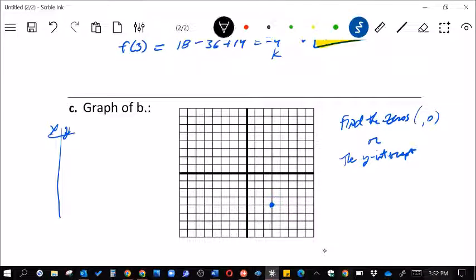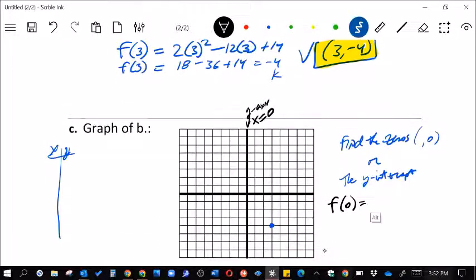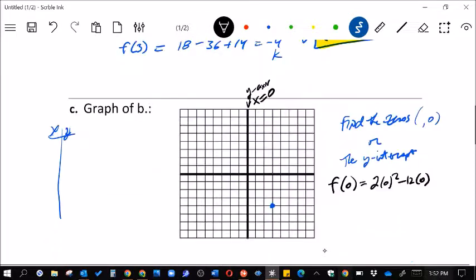So I'm going to find the function when x is 0. This is the y-axis, but it's also the line of x equals 0. So we're using this one here: 2 times 0 squared minus 12 times 0, and then plus 14.